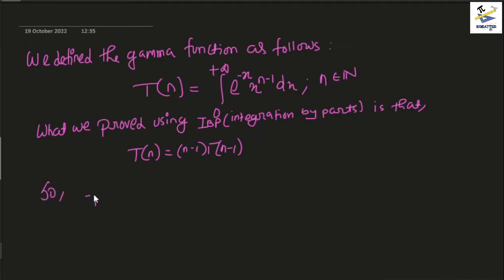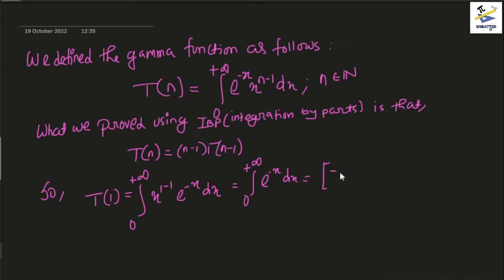So gamma of 1 would be exactly this expression, right? Now x to the power 0 is just 1, so it will be the integral from 0 to positive infinity of e to the power minus x dx.